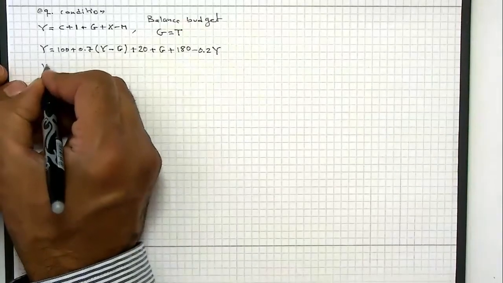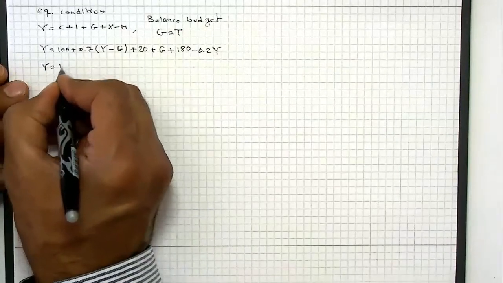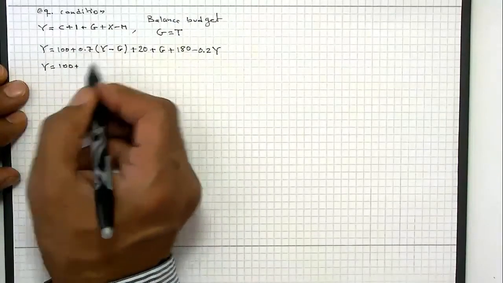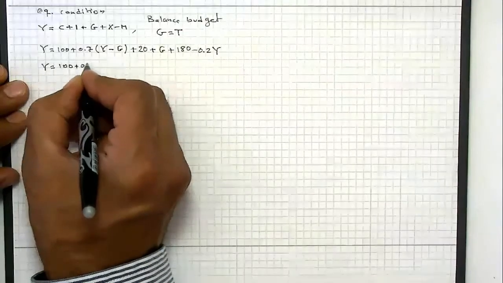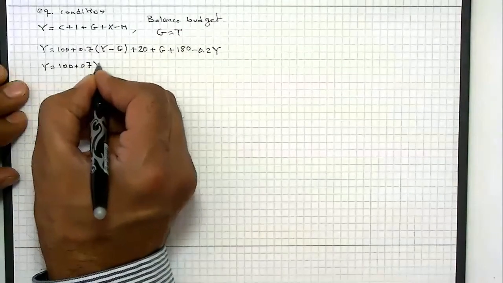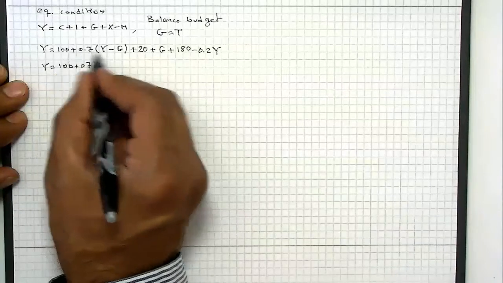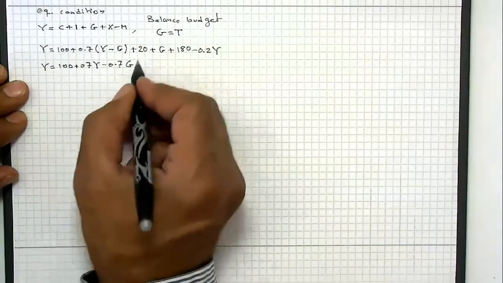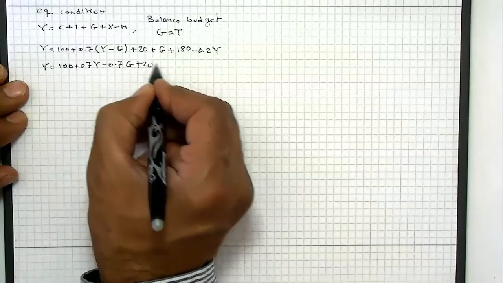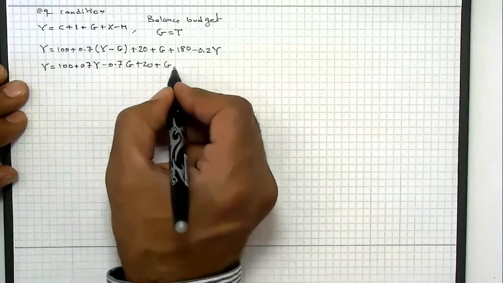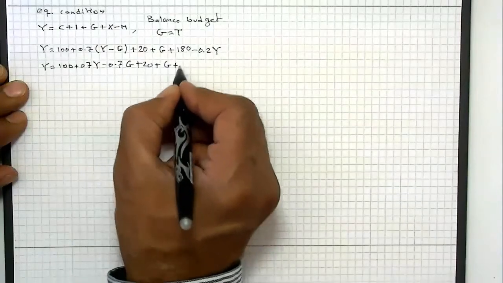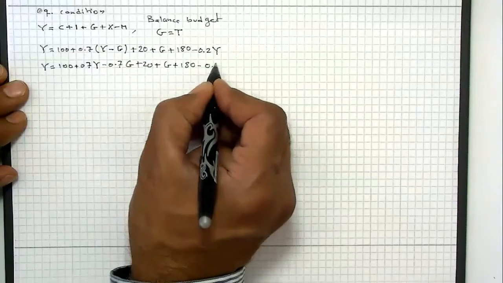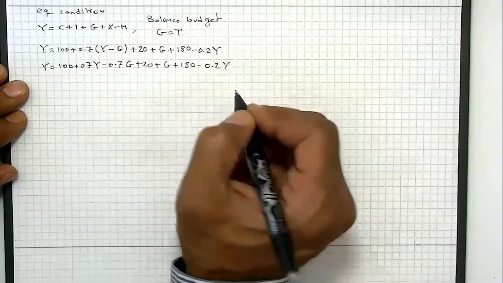Now I don't need this one. I need to do some algebra here. 100 plus, I multiply through this, 0.7y, minus 0.7g, plus 20 plus g plus 180 minus 0.2y.